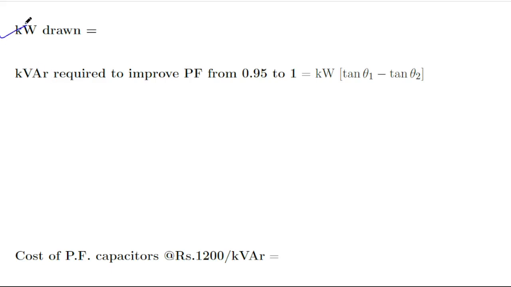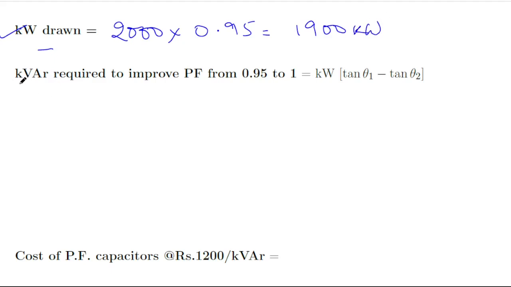First we'll find out the drawn, that is active power, which is nothing but the demand multiplied by power factor. So it is 2000 kVA into 0.95, which is nothing but 1900 kilowatt.